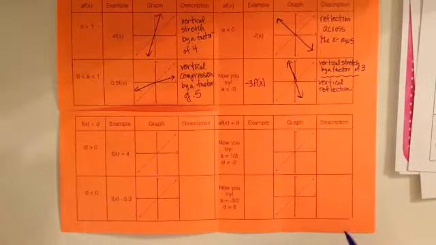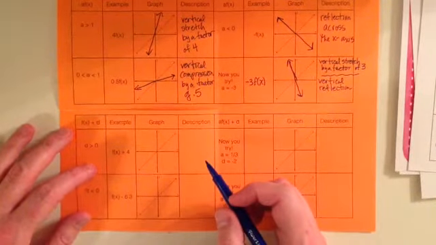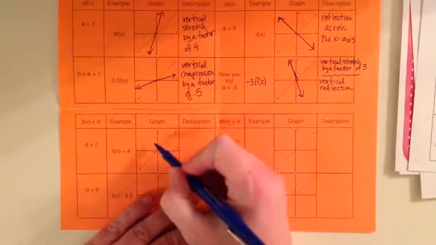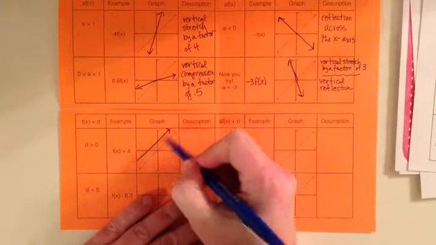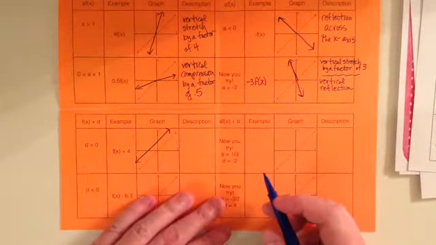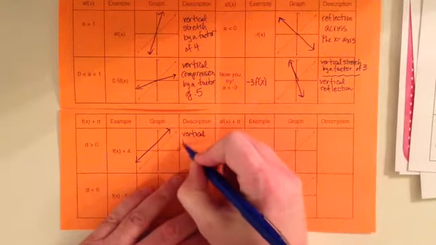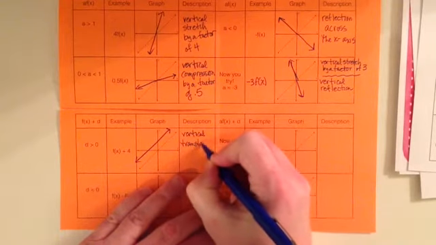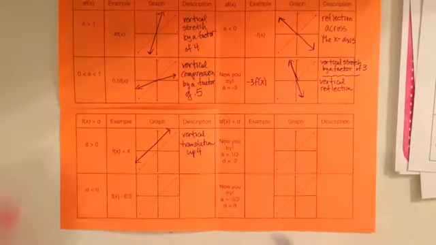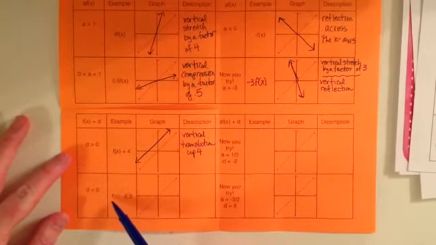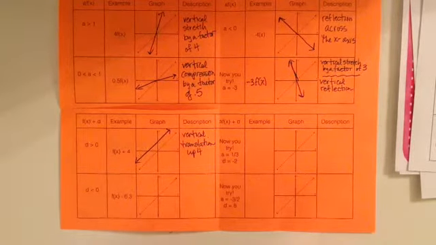If we have f of x plus 4, that means the entire line is going to shift up 4 spaces. It's still going to be parallel, but it's just going to shift up 4 spaces. So that's a vertical translation up 4. In this case, we have f of x minus 6.3, so we know that's going to be a translation down.